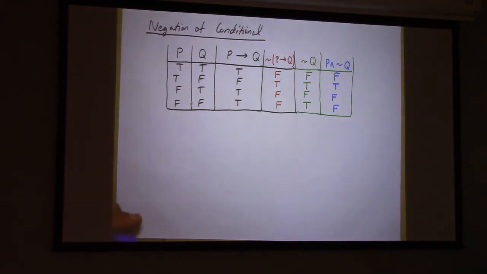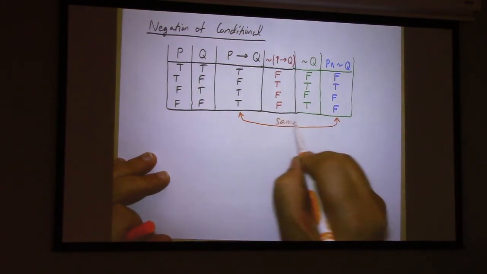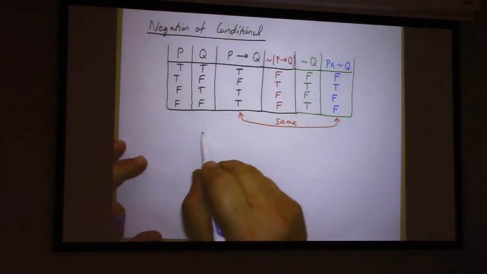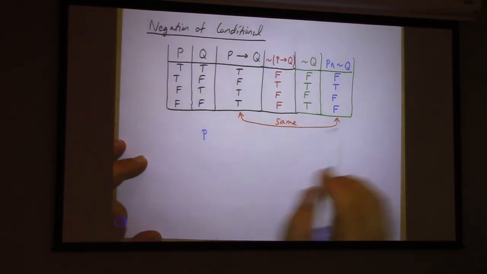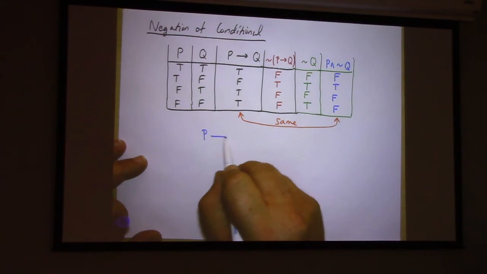Right? So what does this show? If you look at this, you see that this column and that column are the same, right? And so what does this show? This shows that the conditional, excuse me, what did I do? Do you believe that? I hope you don't believe it. Where's my arrow?